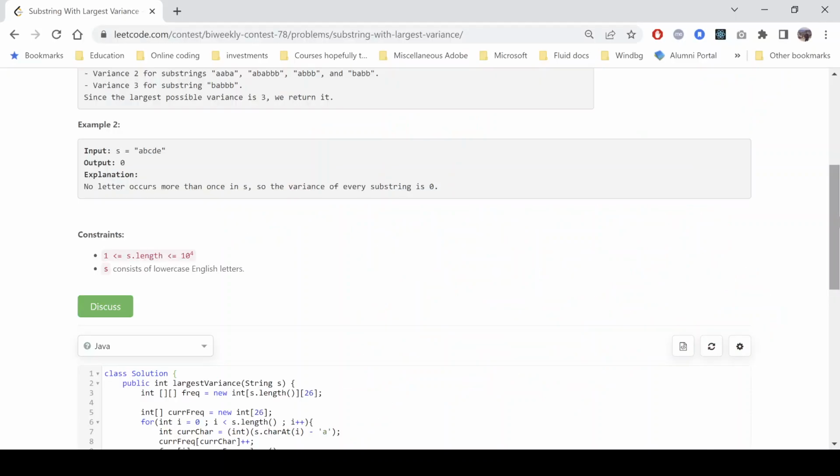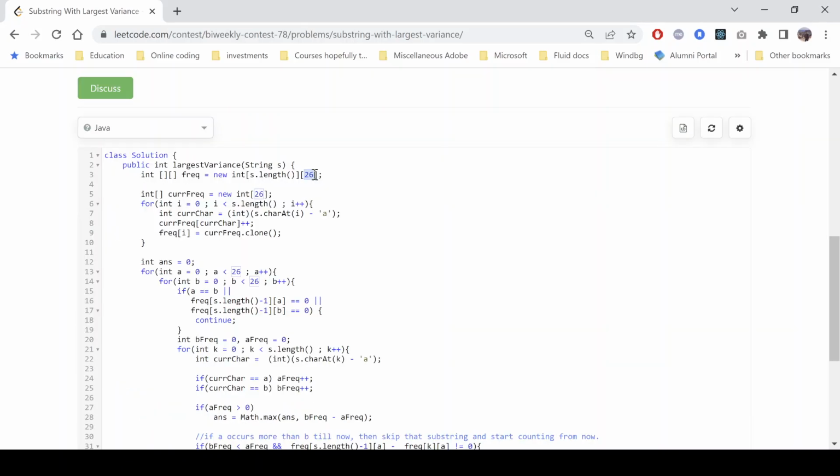So when we come to the code, we have a 2D array which is equal to the length of the string by the number of characters. This is done so that for the ith character we know what is the current state of the string. For example, initially everything is 0.